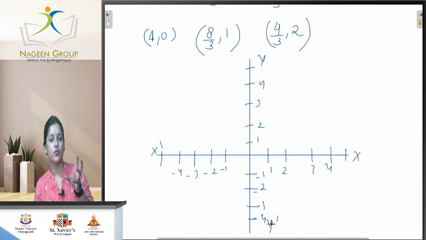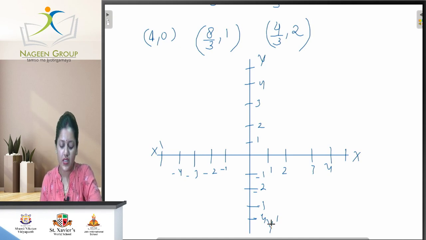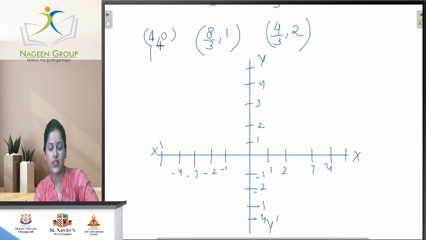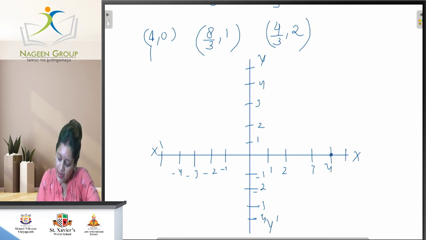Now you have to put the points. (4, 0) means x is 4 and y is 0, so the point lies here. The first point (4, 0) lies here.